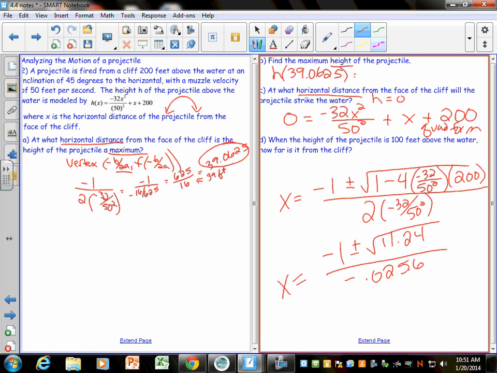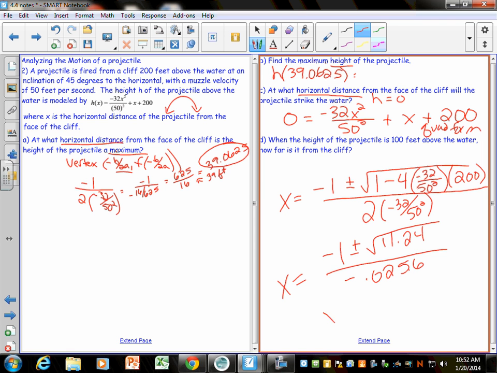There really are two answers here, but think about it, we're talking about how long it takes, which means if you get a negative number, can you have a negative time? If we get a negative number when we work this out, it doesn't make sense for the problem. So the first one that I did was the positive root. I did -1 plus the square root of 11.24 divided by that lovely number in the bottom.